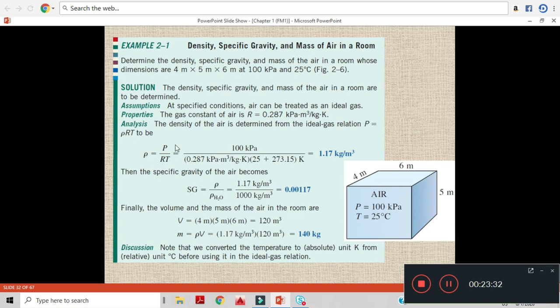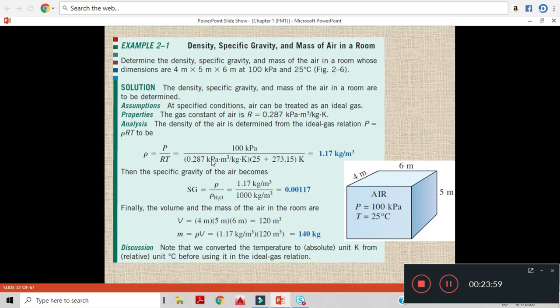So rho equals P over RT. Pressure is given as 100 kilopascal, and 0.287 kilopascal meter cube per kilogram Kelvin is the value of R for air. You must keep in mind that whatever unit of R you are using, the same unit you will put here. If you are taking kilopascal, use kilopascal here. If you are using bar, use bar here.